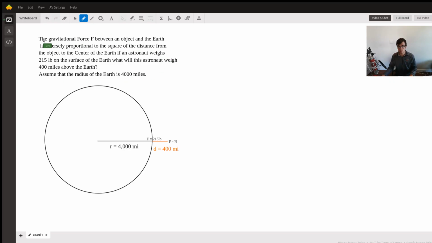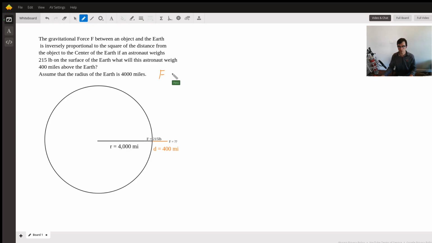What we are told by this first clause of this question is that we have a gravitational force F, which is inversely proportional to the square of the distance from the object to the center of the Earth.